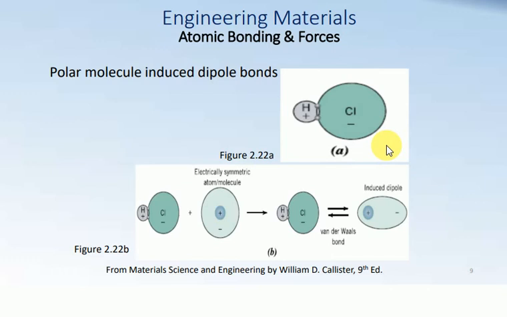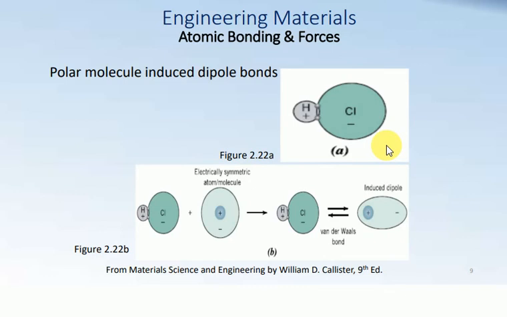and repels the negative charge to the opposite side, and this polar molecule then induces a dipole in the electrically symmetric atom or molecule, and again this dipole becomes positive and negative in alignment. This induced positive side gets attracted to the chlorine side and they form a bond.